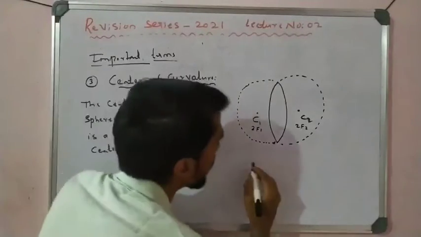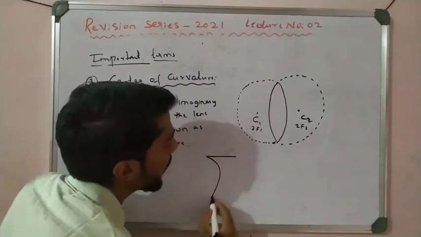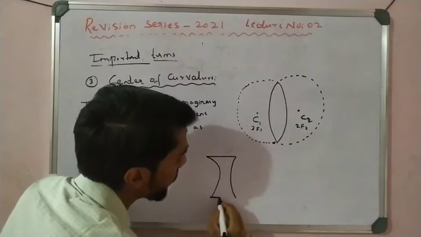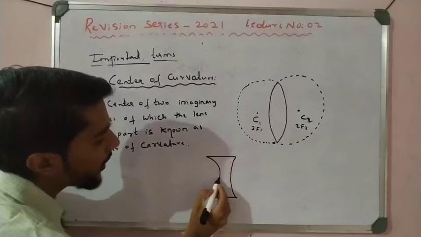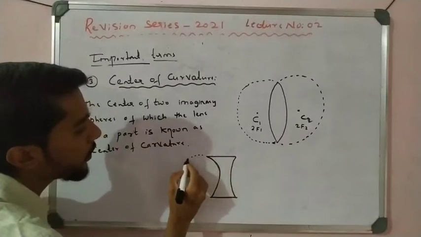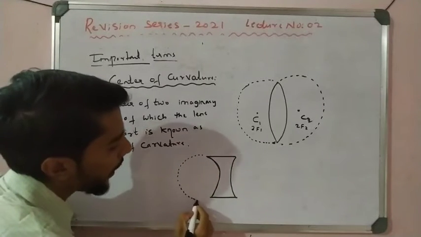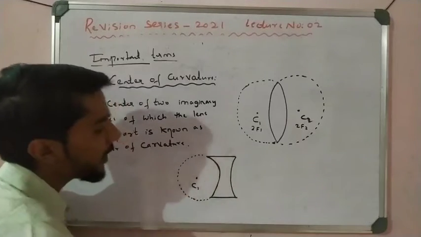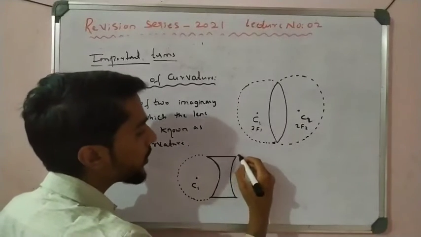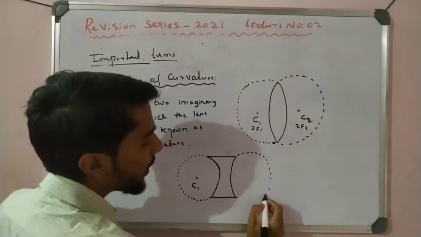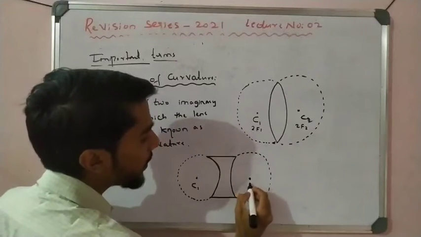If I take a concave lens, here this is the one spherical side, and if I make this one an imaginary sphere, this sphere has a center, so this is called center of curvature. If I extend this, it is imaginary, okay, an imaginary sphere, and here it is C2.